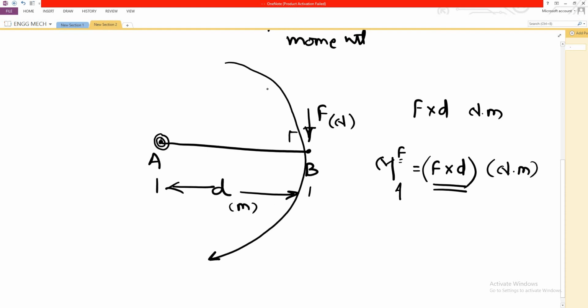F will be trying to make this bar rotate in clockwise direction. That's why, as per the sign convention, the moment of force with respect to point A is equal to plus F into D Newton meter.